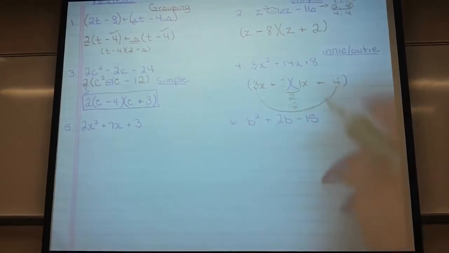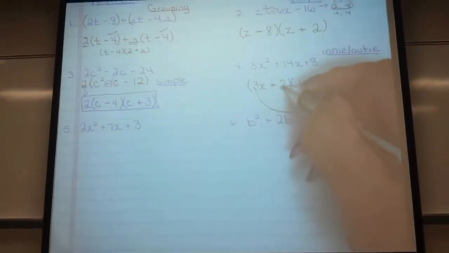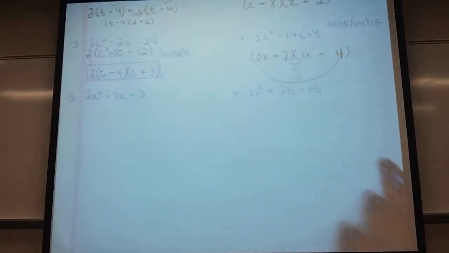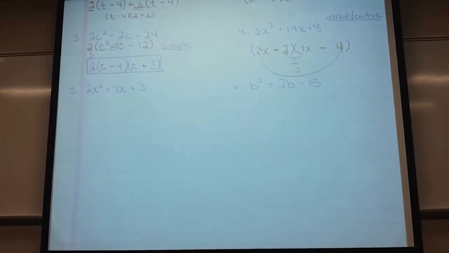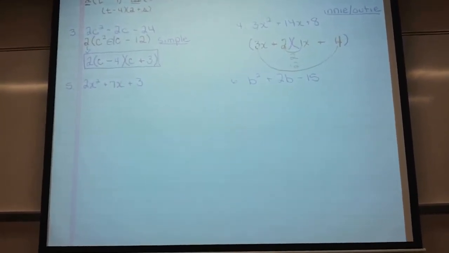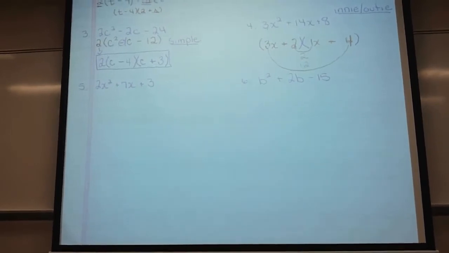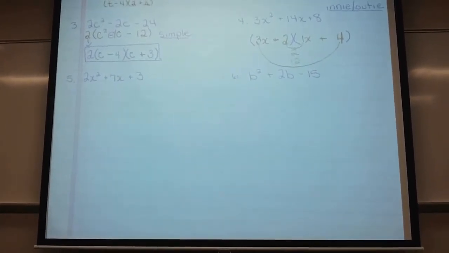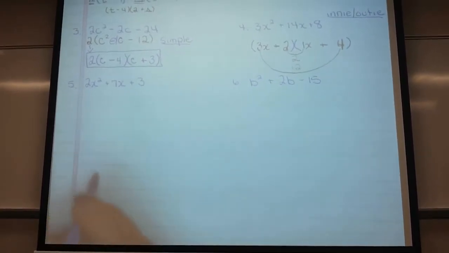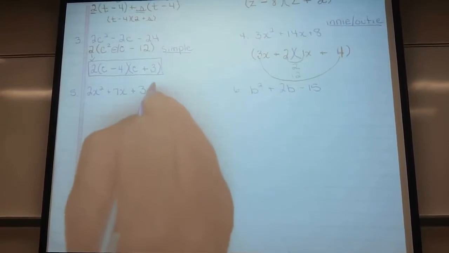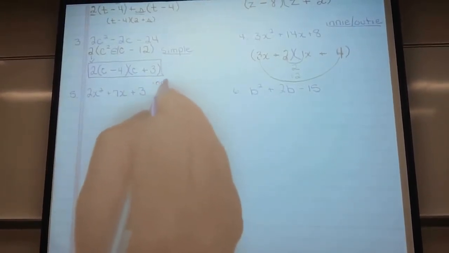Let's try number 5. Number 5, does it have a common number or letter? No. There are 3 terms, and there's a number in front of the x squared, so I know this is also an any-outie.